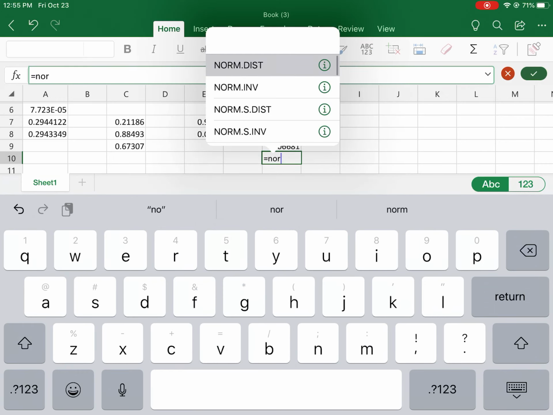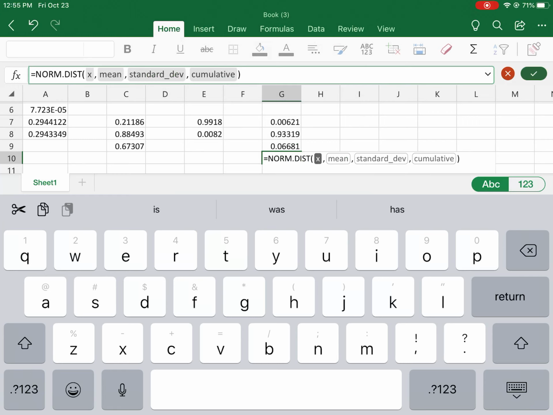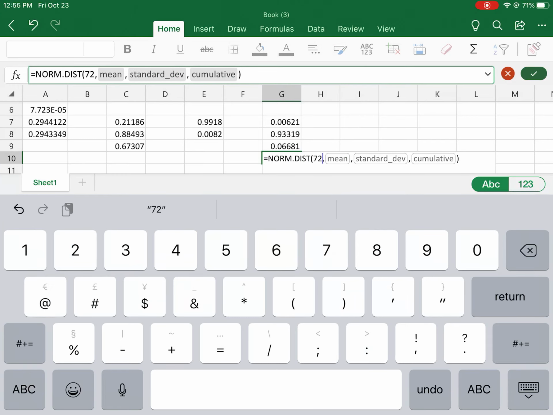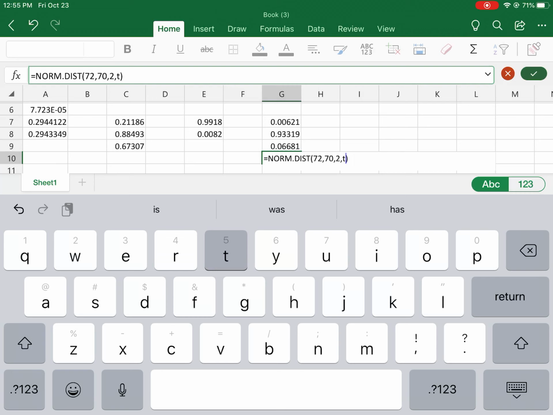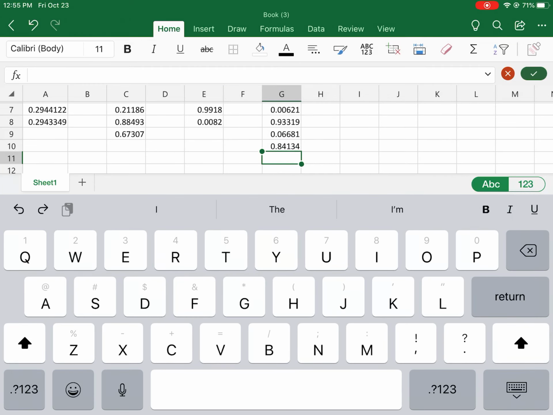Okay, so we're going to start here. So we can just pick the first one. So 72, 70, my standard deviation is 2, and true. Okay, so hit enter. So I get 0.84134. Well, so that's 72.